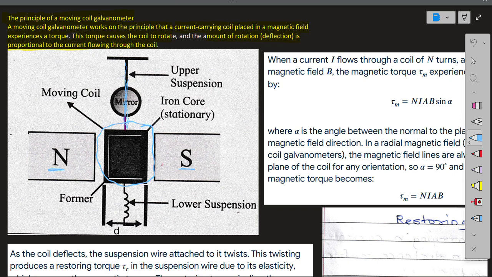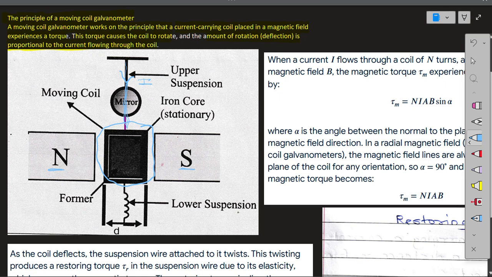So, when current flows through this coil, the current comes from the top through this phosphorus bronze and flows through this coil. Now we have the condition, what? This coil is wound on soft iron, through which when current flows, we get a condition that current carrying coil is kept in a magnetic field.